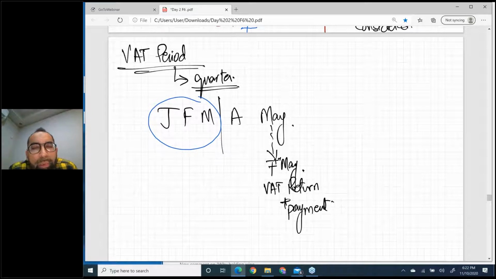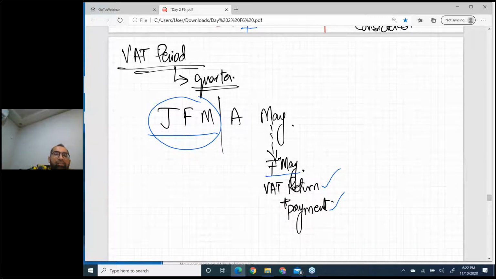So for this quarter, what is the due date for VAT payment? After the end of the quarter, 1 month plus 7 days. That means for January, Feb, March, the due date for VAT return filing and VAT payment is 7th of May.